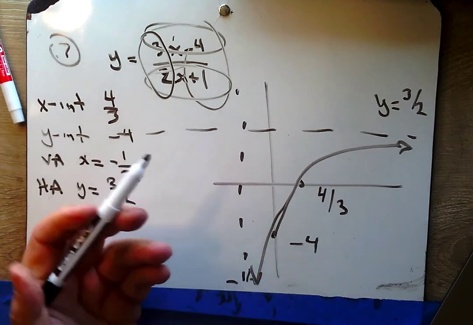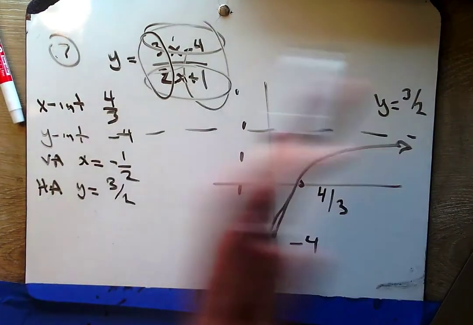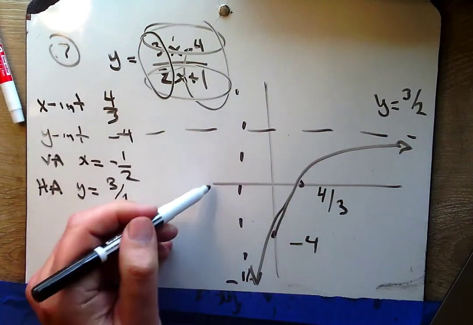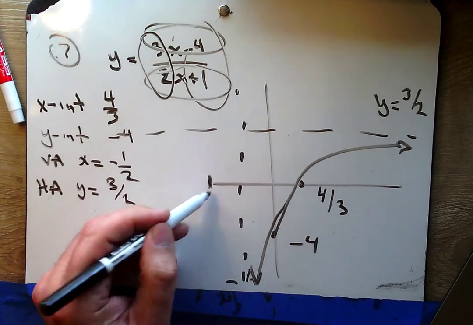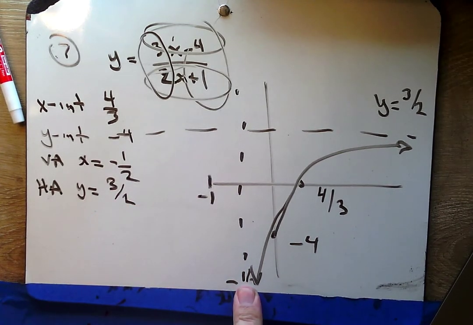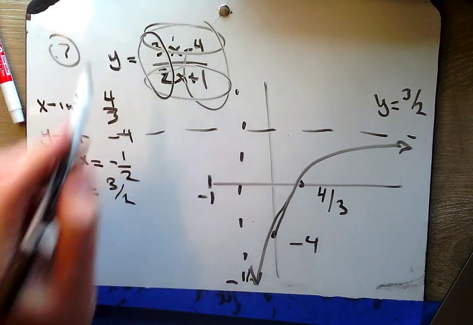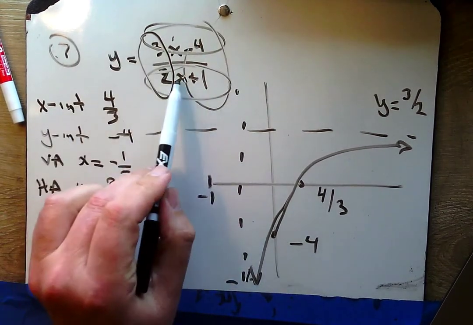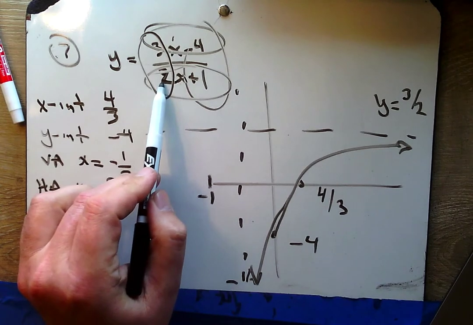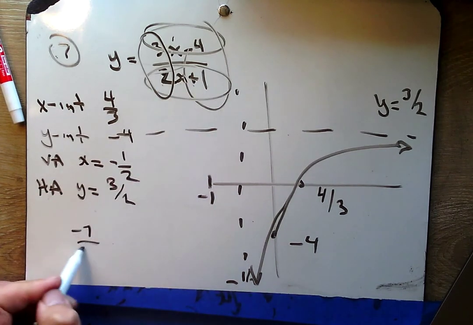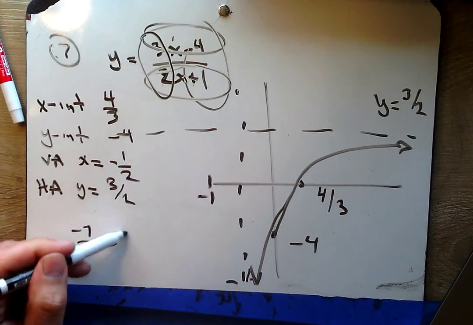But there's a little bit more to this graph, something on both sides of the vertical asymptote. So I'm going to plug in negative 1 here, because this is negative 1/2. Negative 1 times 3 is negative 3 minus 4 is negative 7. Negative 1 times 2 is negative 2 plus 1 is negative 1. Hey, look at that, I get 7.